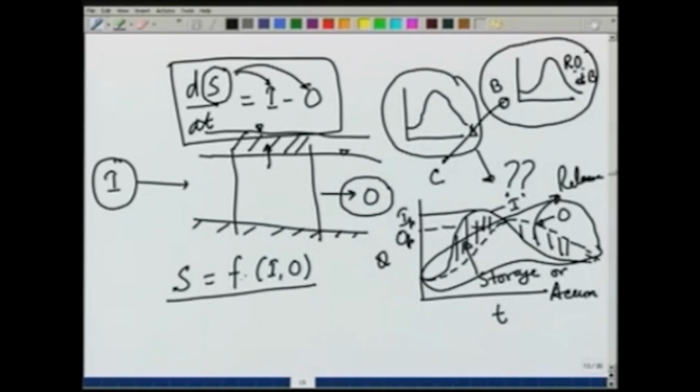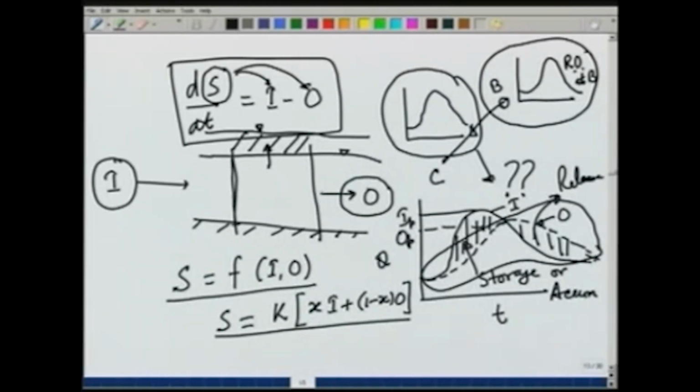For example, there is a method known as Muskingum method, where S is written as k into some factor x into I plus 1 minus x into O. So, if we assume some kind of relationship like this, because the storage will be a function of I, the amount of flow coming in will decide what is the water level at this point.